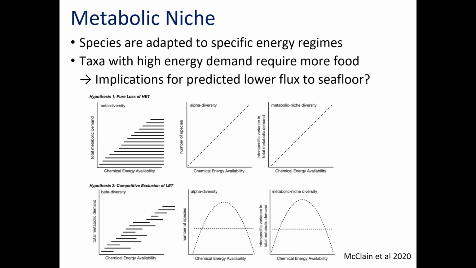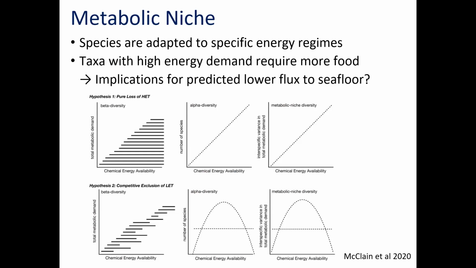One hypothesis is that we'll just lose a lot of those high energy taxa from the system. So in places where you have low energy availability, or low metabolic demand, the low energy taxa are fine no matter what, but the high energy demand taxa are eliminated from the system.